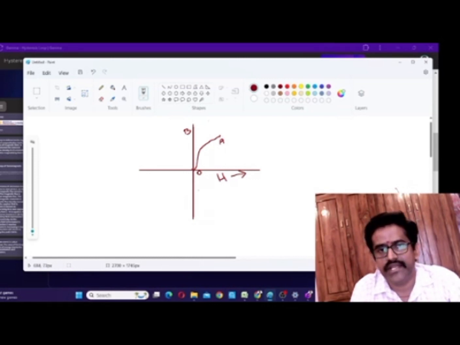So this point A is known as saturation magnetization, BS.